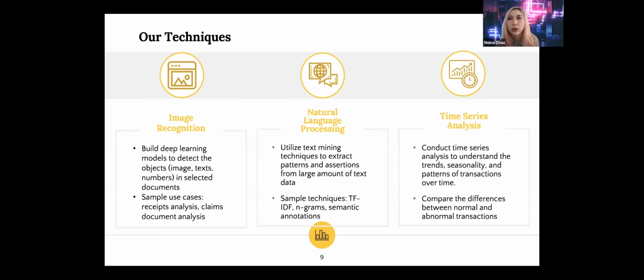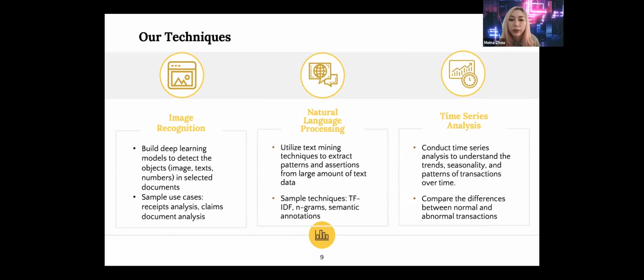So as I mentioned, if you are using a lot of product usage or IoT data, usually that will come with a timestamp, and it will record the usage at a different time frame for those specific users or specific devices. And then we actually need to conduct time series analysis to understand the trends, seasonality, and patterns of those transactions activities over time.